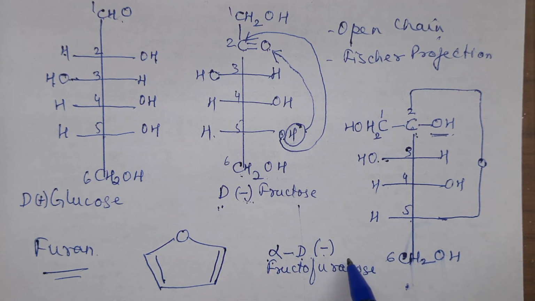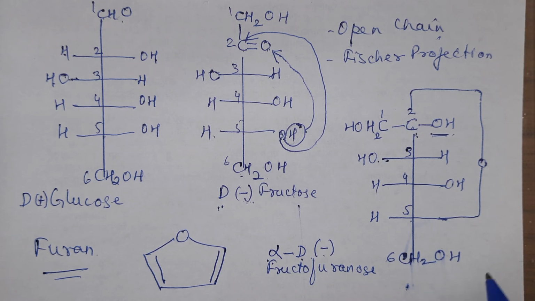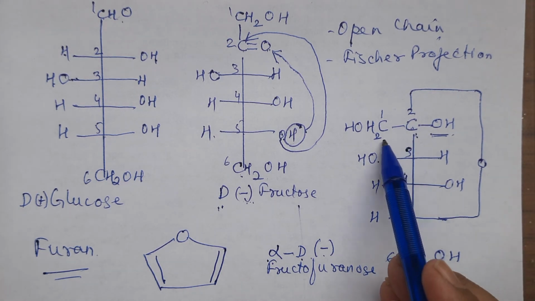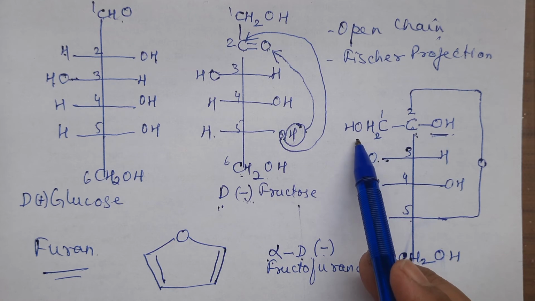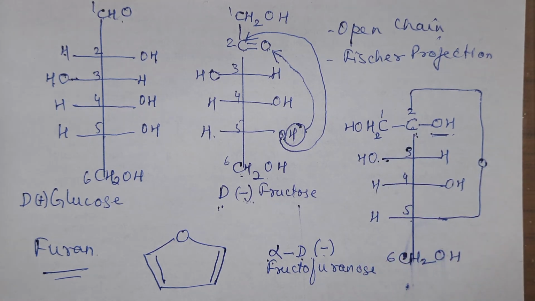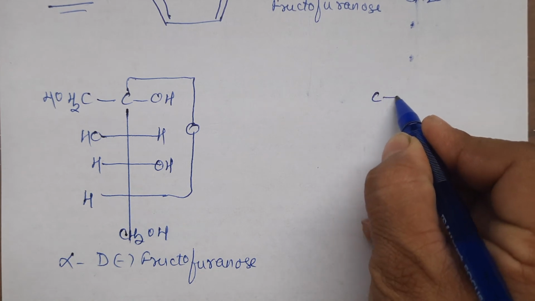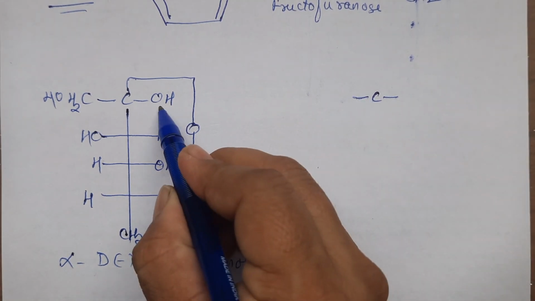If I want to draw beta isomer of it, I will just flip this. OH I will show on the left hand side and CH2OH I am going to show on the right hand side. I will draw this and show it to you. I've shown you this alpha once again here. Now this OH is on the right hand side.